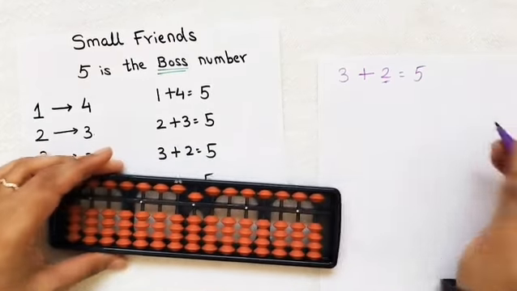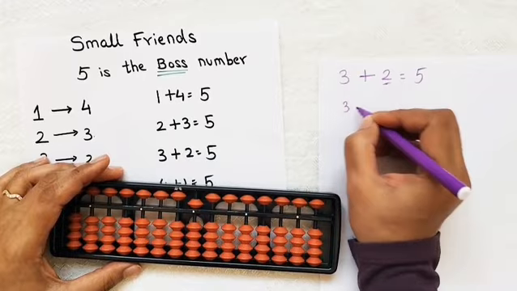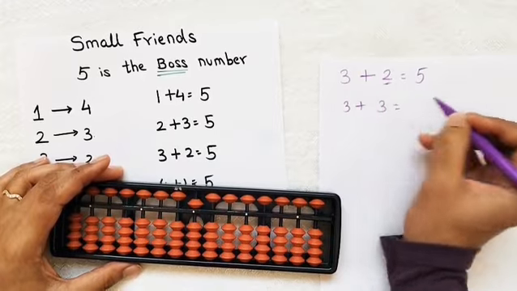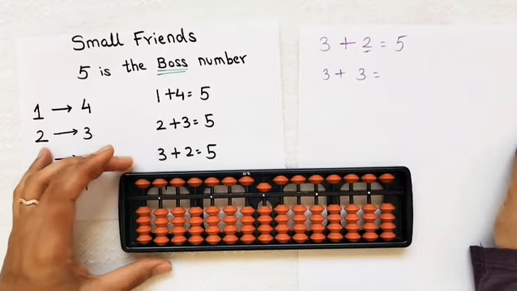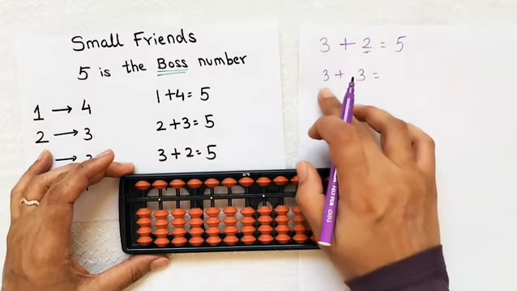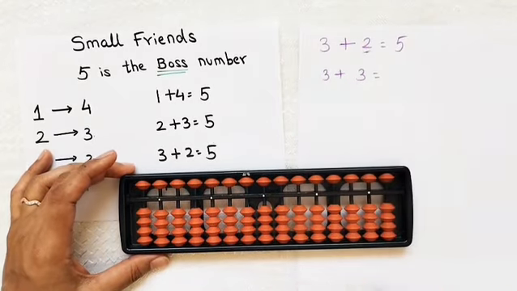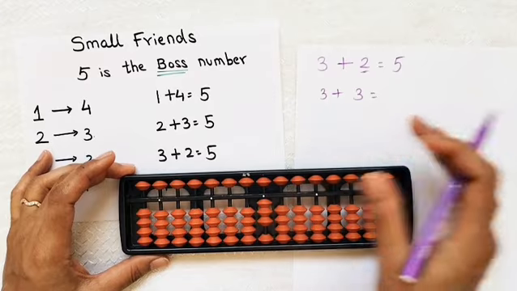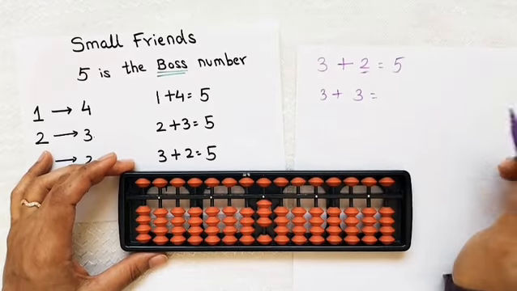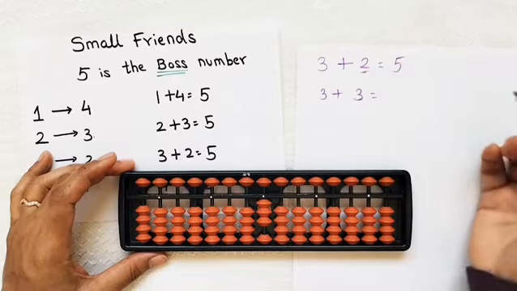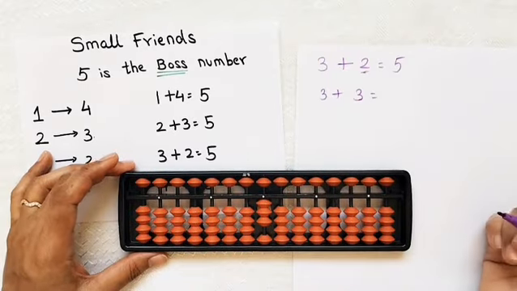Okay, let's do the next one. If I say 3 plus 3, 3 add 3. Again, the first step is 3. I place 3 here. Next step, again add 3. I don't have enough beads.